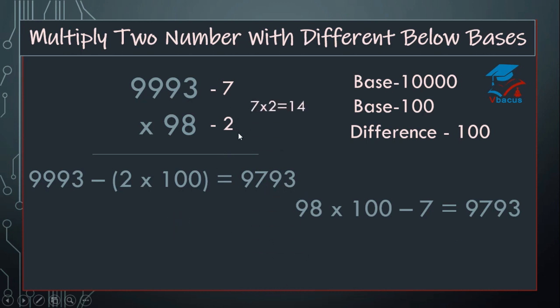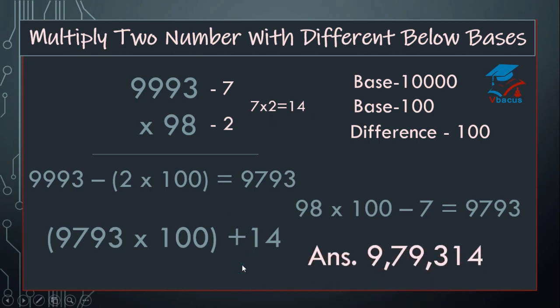Multiply minus 7 and minus 2 and you will get 14, because if you multiply minus with minus, your answer will come positive. 9,793 times 100, the difference of bases, and add 14. This 7 times 2. So you will get your final answer, that is 9,79,314.